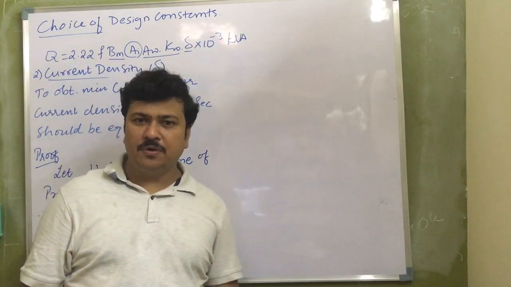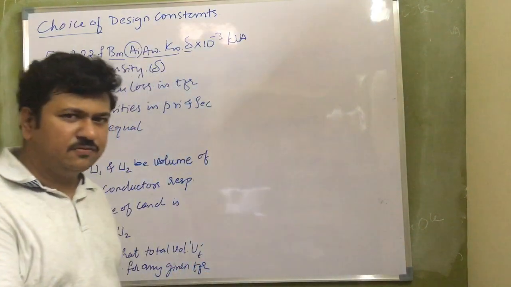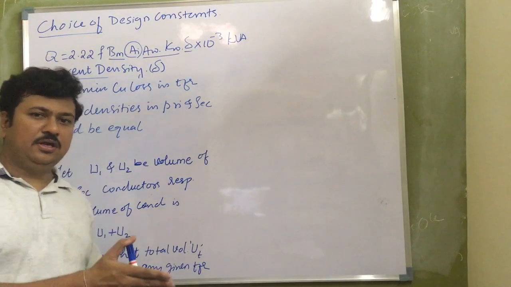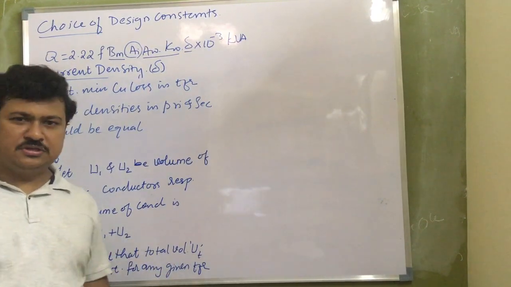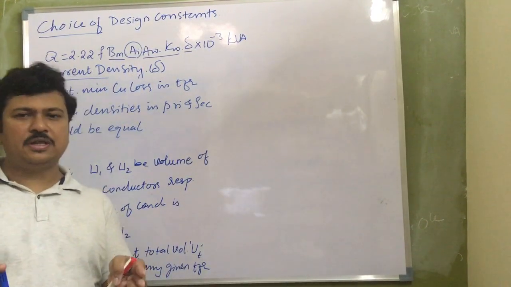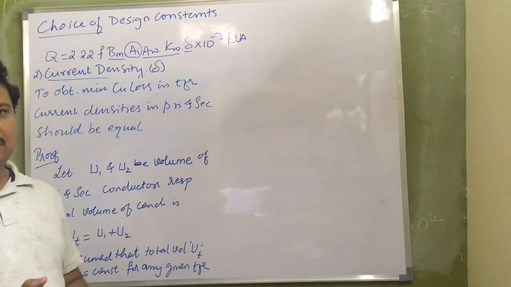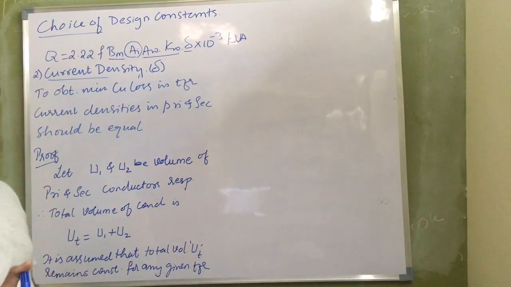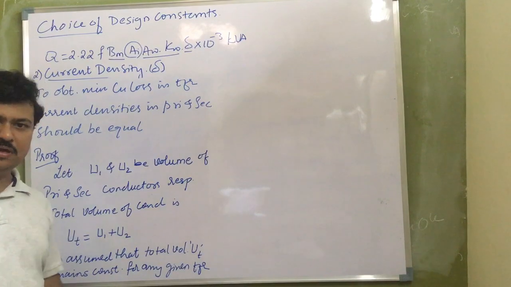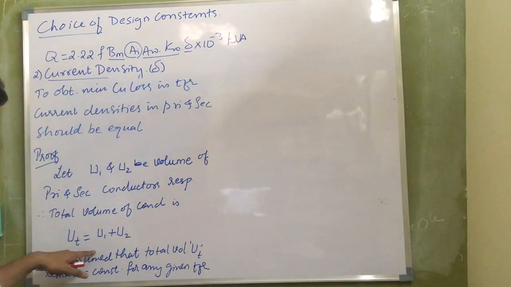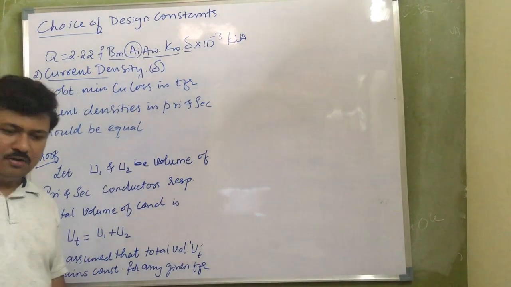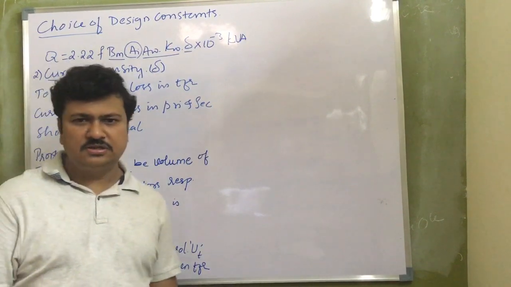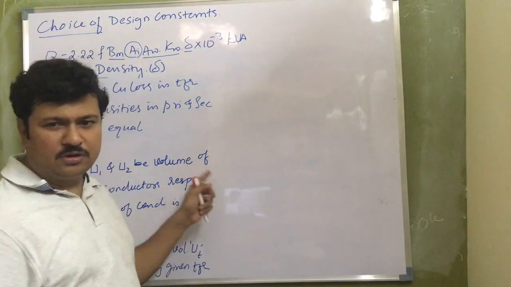Therefore, the length of copper in any machine, not only in a transformer, is true also in rotating machines, because the length of copper is the copper that is there in the slot. So the length of copper depends upon the value of voltage, E equal to BLv. Here also the length of copper is a function of number of turns, and number of turns is a function of voltage.